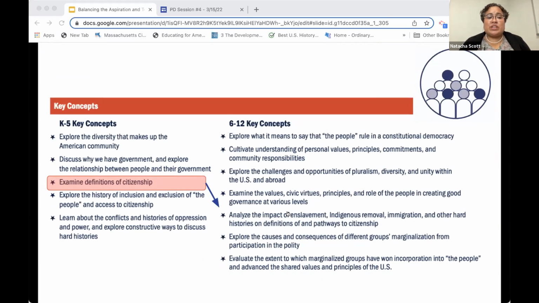So we see that vertical alignment, which is one of the aspects, as a former elementary teacher, that I really love about the roadmap.